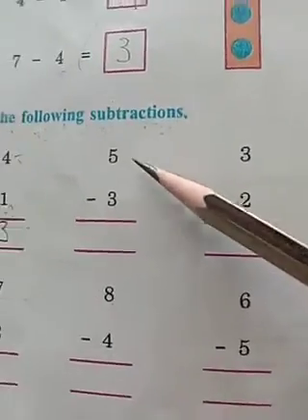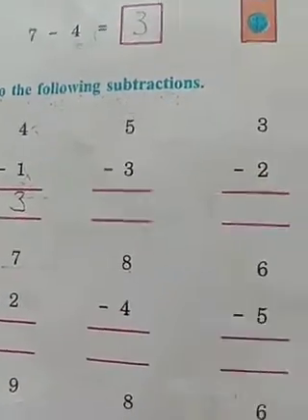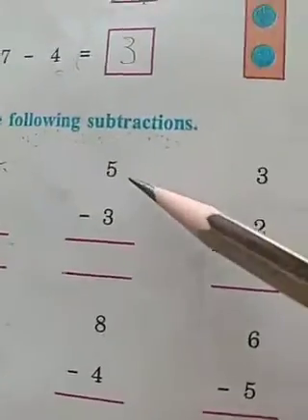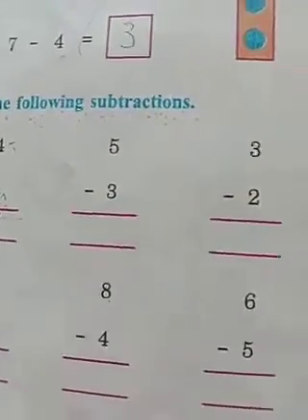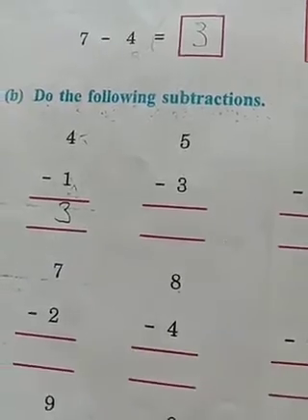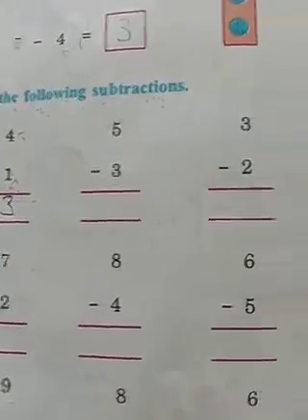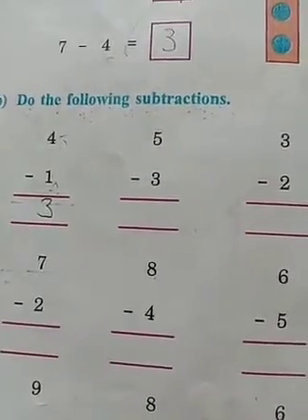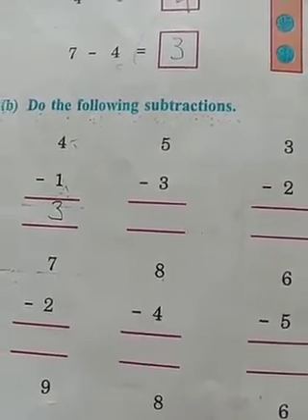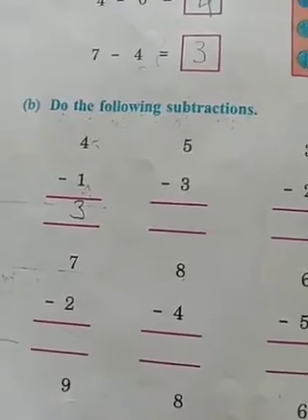So next one, 5 minus 3. What is the up number, children? 5, spelling F-I-V-E. The down one, 3. 5 minus 3.